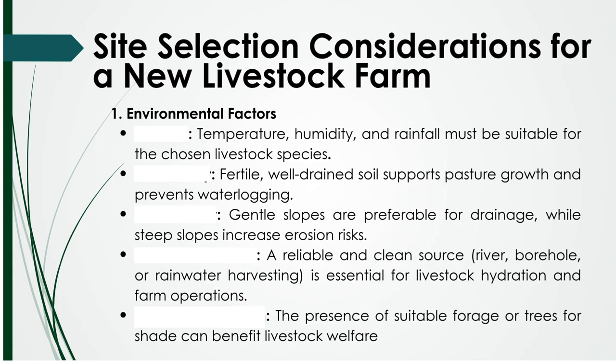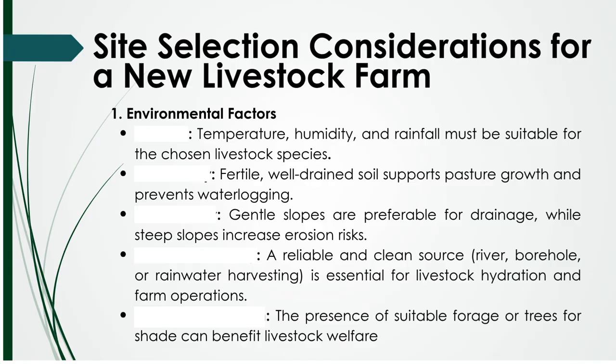So next, soil quality. It must be fertile, well-drained soil that supports pasture growth and prevents waterlogging, right? Like in Terengganu, Besut Setiu Agropolitan. Every year they face this problem, waterlogging, for almost 4 to 5 months.